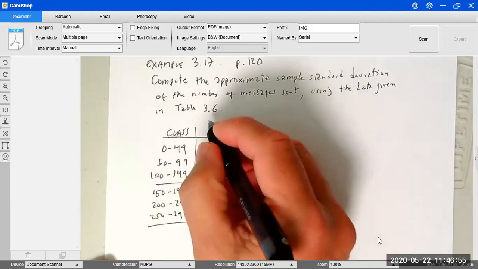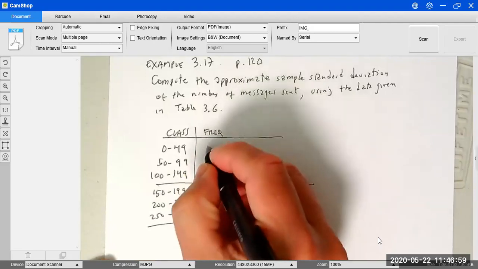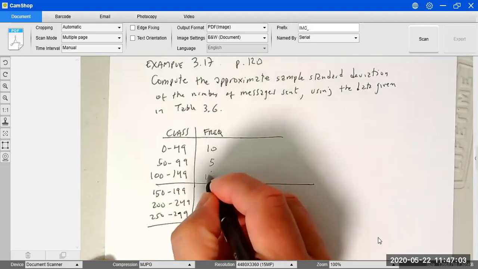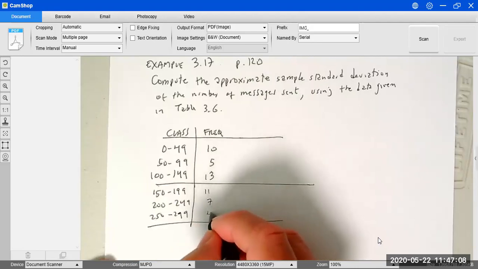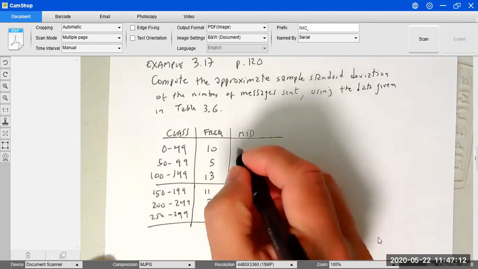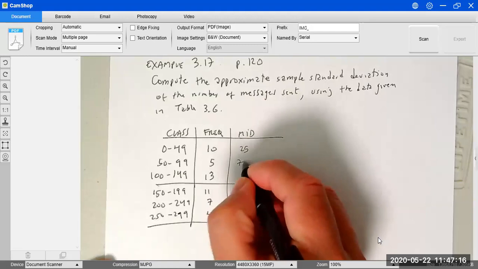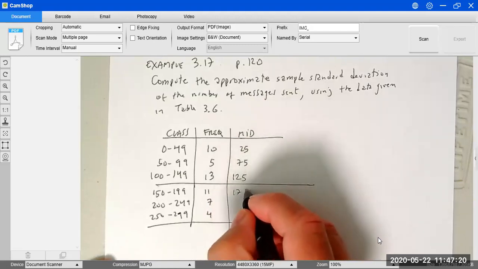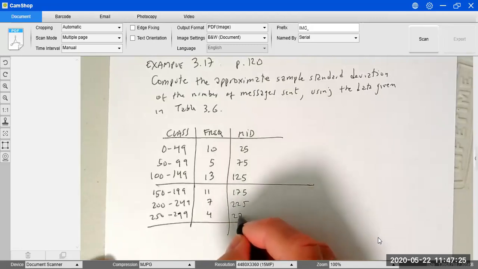Then the frequencies given are 10, 5, 13, 11, 7, 4. The midpoints were 25, 75, 125, 175, 225, and finally 275.